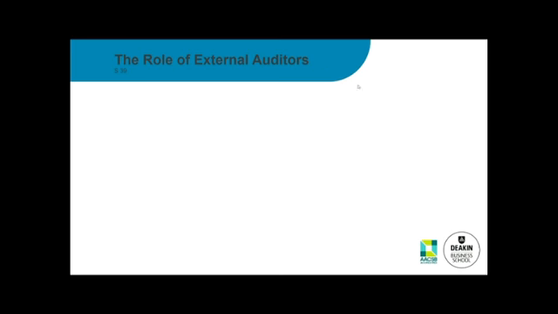All right, the next slide looks at the role of the external auditor. So why do we have external auditors? Well, we have them for a number of reasons. It's management's responsibility to prepare the financial statements, but we can't rely on management because management are biased and they may manipulate the financial statements for their own benefit.